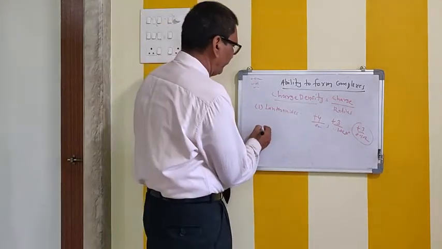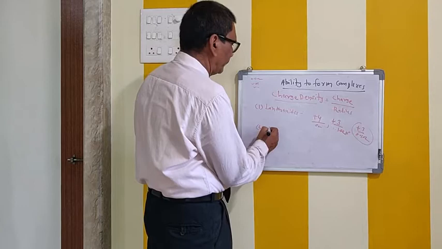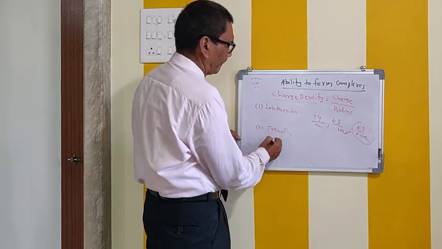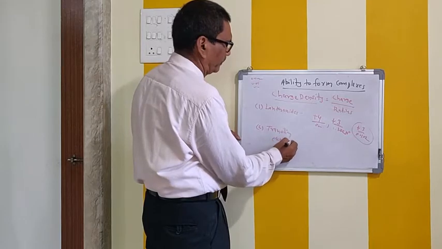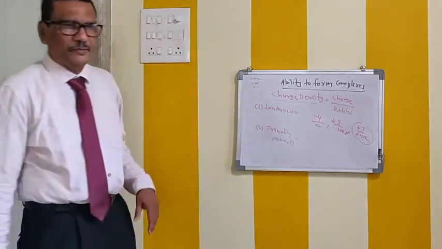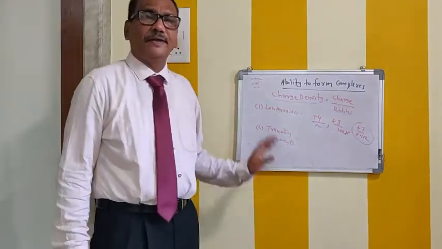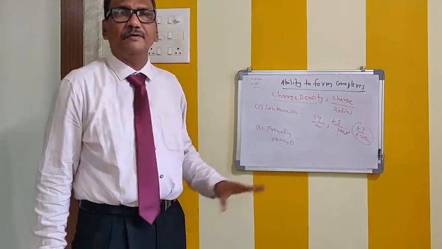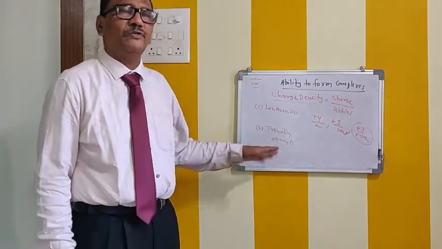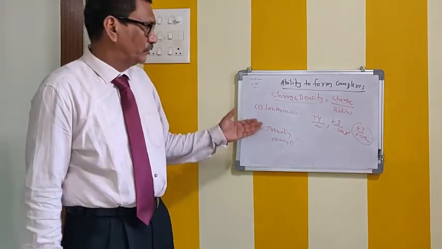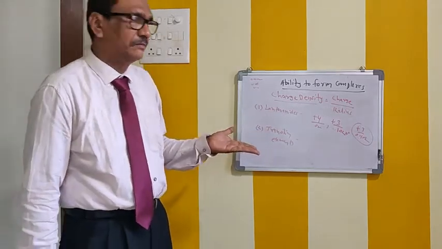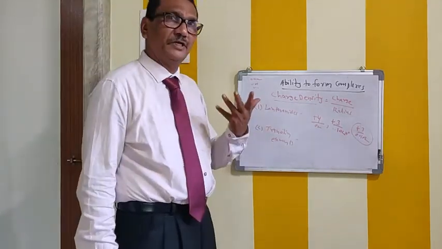On the other hand, in the case of the transition elements, one of the important properties is that they have multiple or variable oxidation states. They can show many oxidation states: plus 1, plus 2, plus 3, plus 4, plus 5, plus 6, plus 7 also.